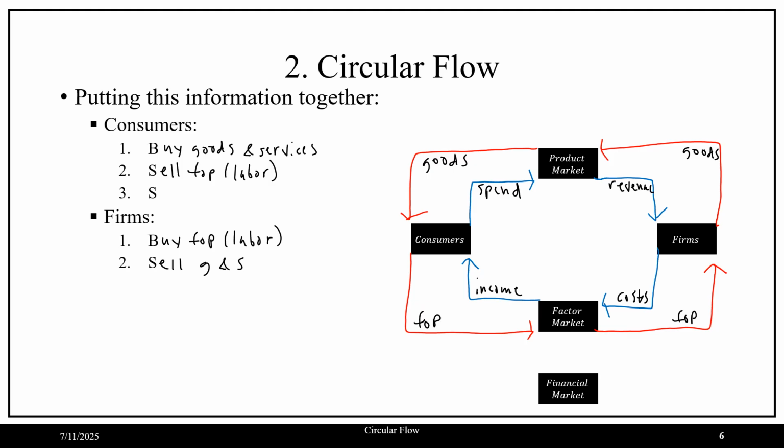So let's introduce a new market. I have introduced a financial market below the factor market, which for right now we can think of as a bank, where we as consumers can park our money at a bank and banks can issue out loans. All right, so I'll draw this in purple.